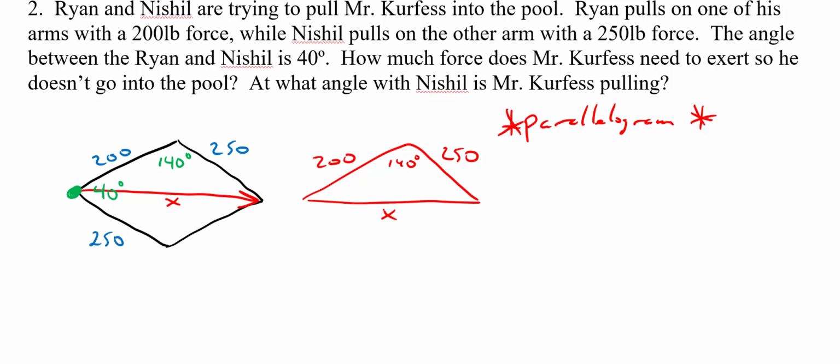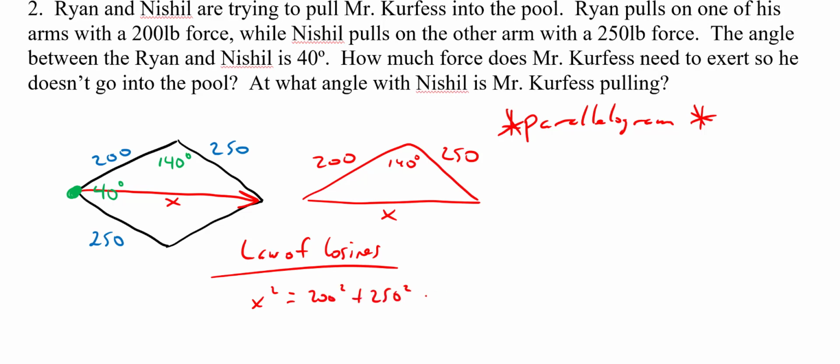So what are you using for this? Because this is side, angle, side, the only thing I can use is law of cosines. So x squared equals 200 squared plus 250 squared minus 2 times 200 times 250 times cosine of 140 degrees.